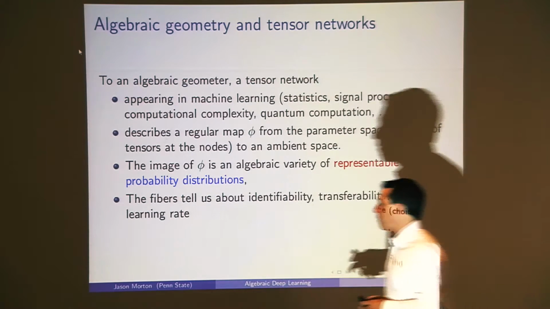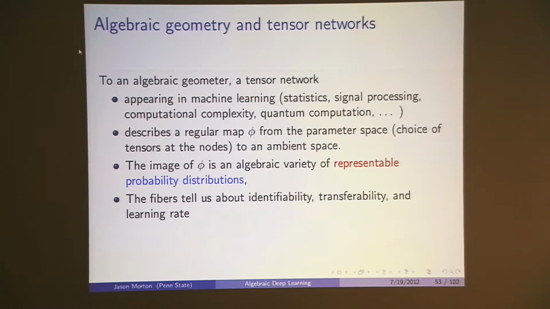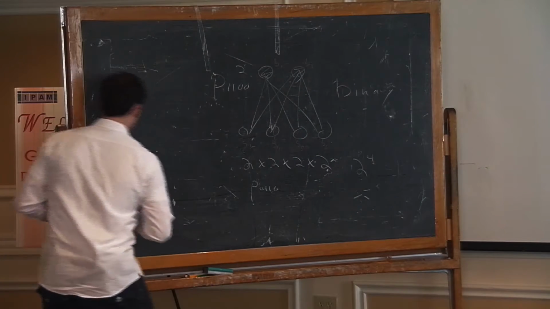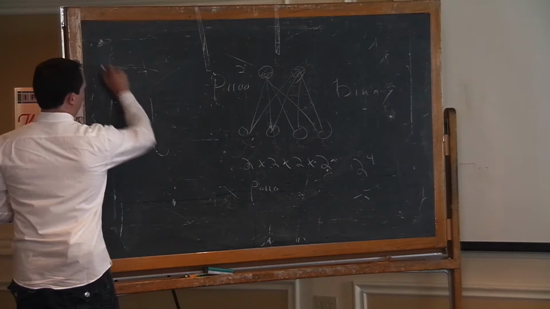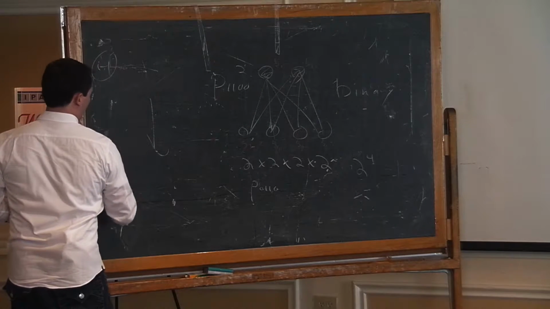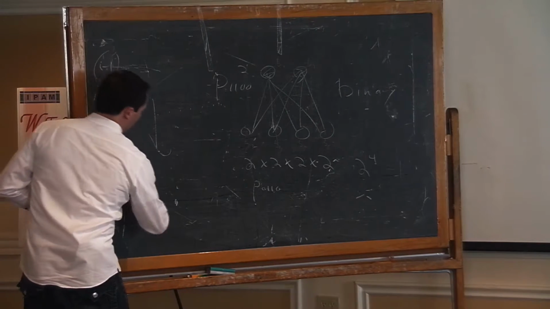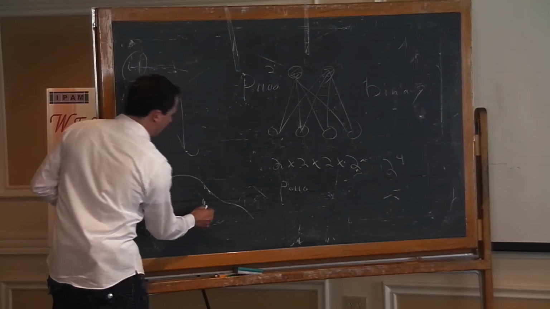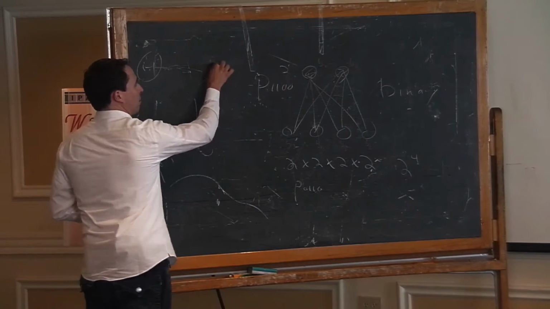Now this map has fibers. If I have a map from some parameter space to some ambient space, and I get some variety that's the image of this map, I could take a point on that variety, and it could be that the preimage of that point is a point.